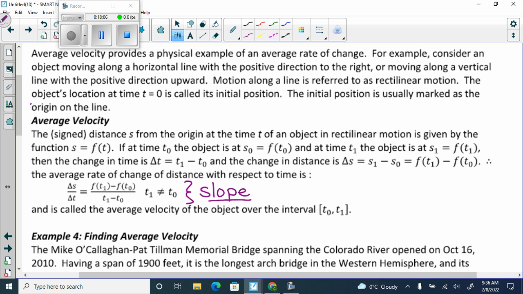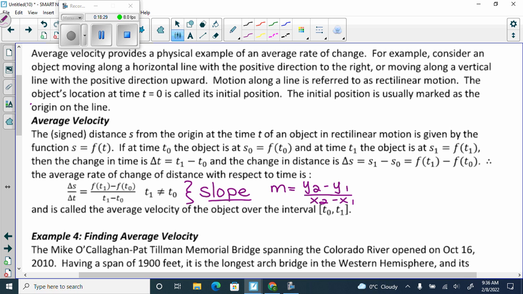It's just slope. This is just m equals y2 minus y1 over x2 minus x1 in function notation, right? F of t1 is just y when x is t1. And this is y when x is t0. This is x is t1 minus x is t0. It's literally slope, written in a funky way. That's all it is.